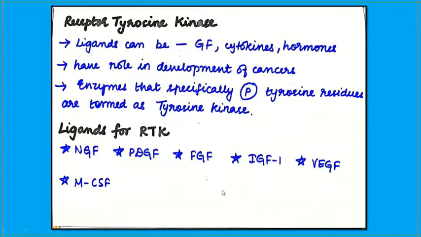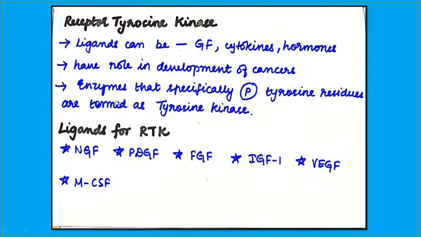All of these are ligands for receptor tyrosine kinase. This receptor tyrosine kinase family is involved in cell growth. Any mutation in receptor tyrosine kinase may develop cancers.